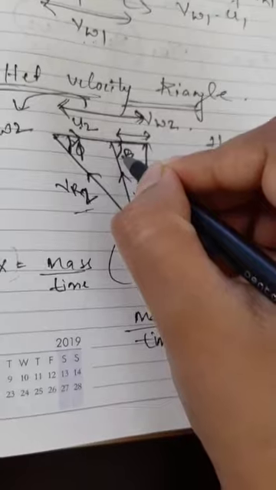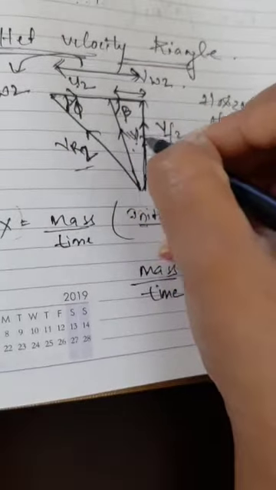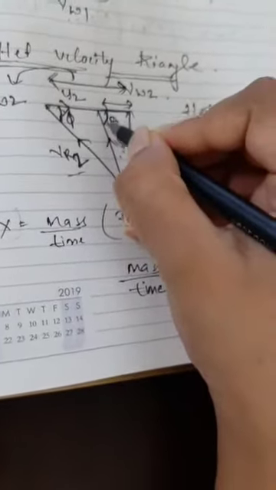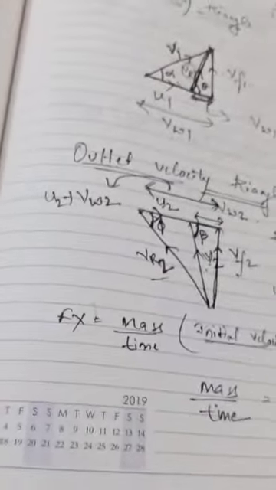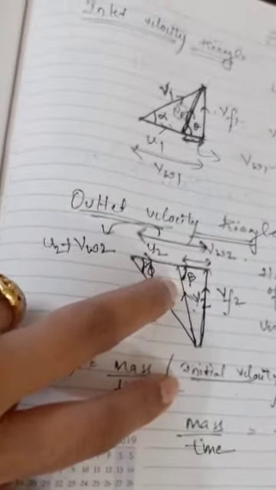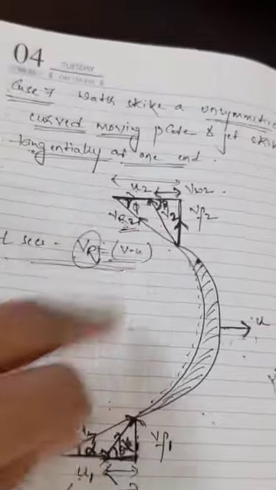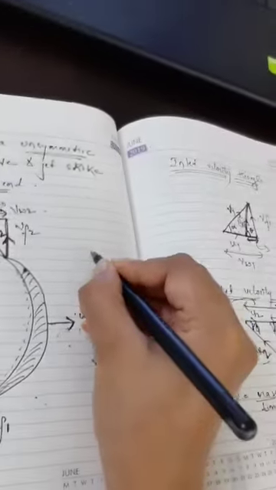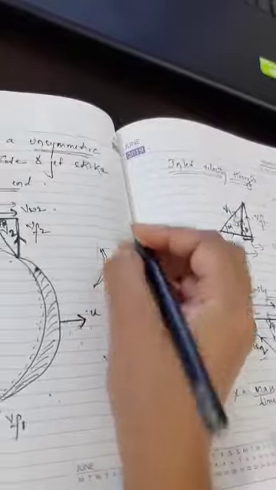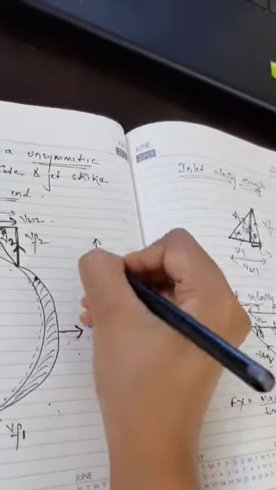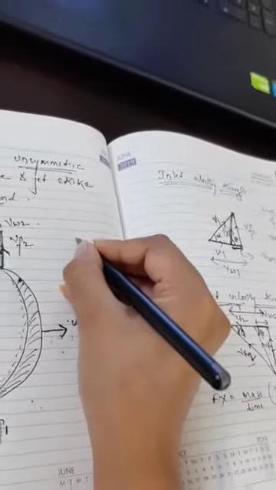Suppose in this case, as you can see, the beta, the angle of the velocity of water flowing out, is an acute angle. Acute angle means it is less than 90 degree. But in some cases, the water after striking can go out completely straight. That means V2 will be completely straight.